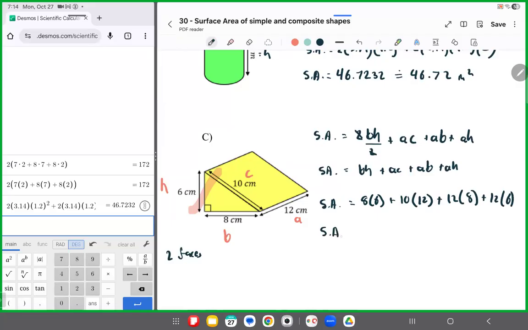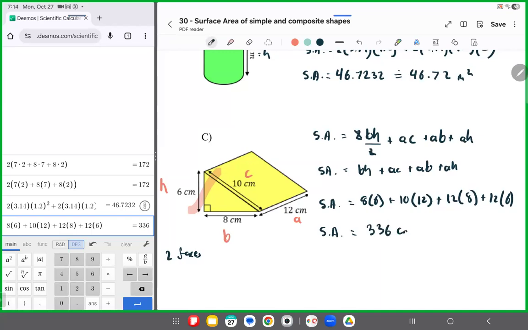So this surface area will be equal to 8 times 6 plus 10 times 12 plus 12 times 8 plus 12 times 6. And so we get that the surface area here is going to be equal to 336 centimeters squared.